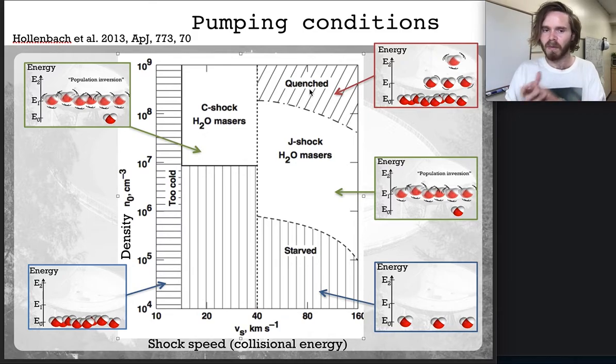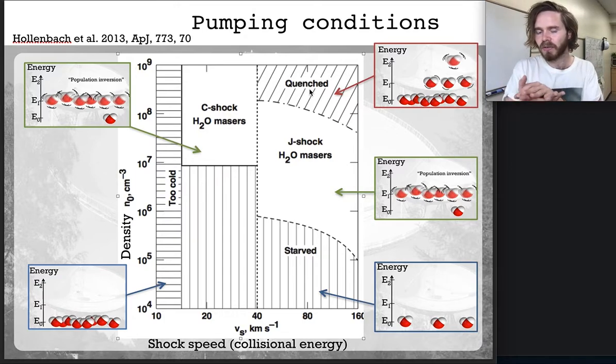What we call this is written here as quenched, but another way we call it is thermalized. So you thermalize the molecular distribution or the energy distribution of molecules in the gas by the collisions passing the energy very efficiently from molecule to molecule, and it goes into this state.